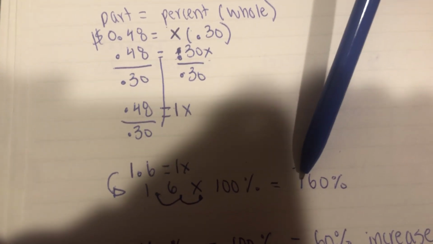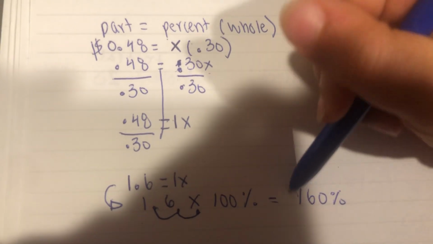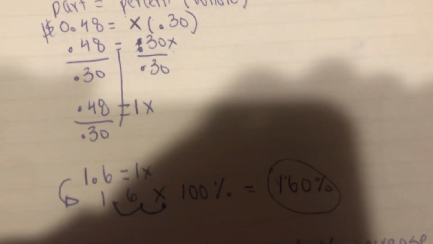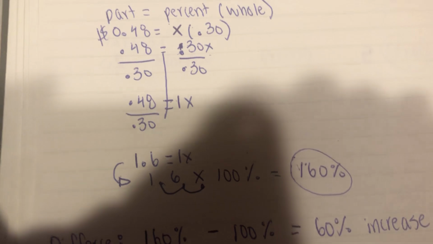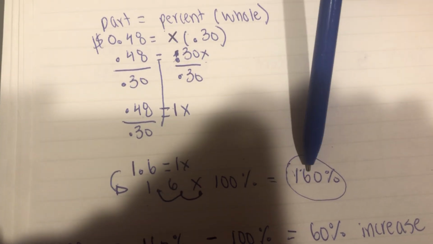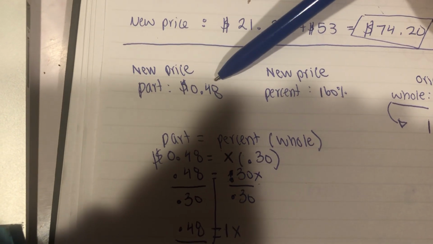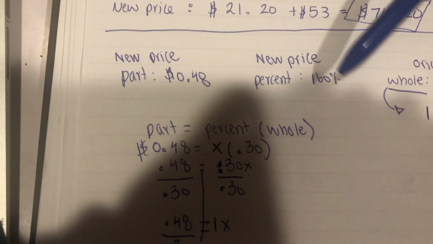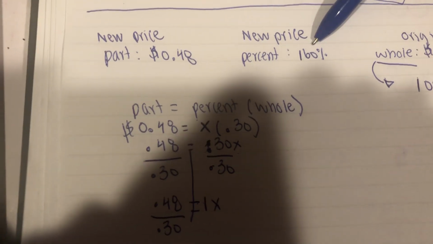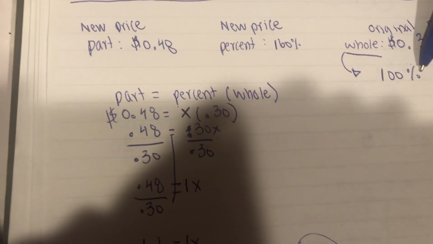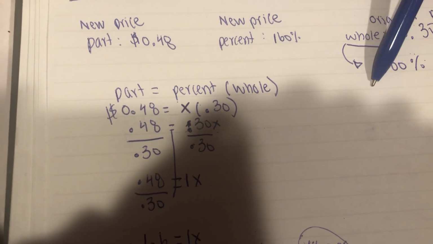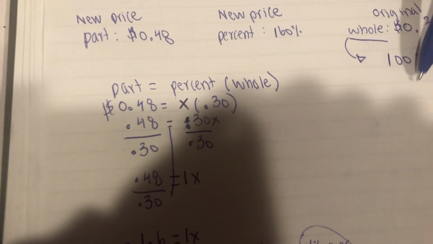Now your answer is not 160%. So remember that this is the biggest mistake you guys will make here. So you need to pay very close attention and make sure you do not make this mistake. 160% represents the new price. We want to know, well, okay, if the new price is 160% and the whole, the original price, is 100%, well, what would be the percent of the markup, right?